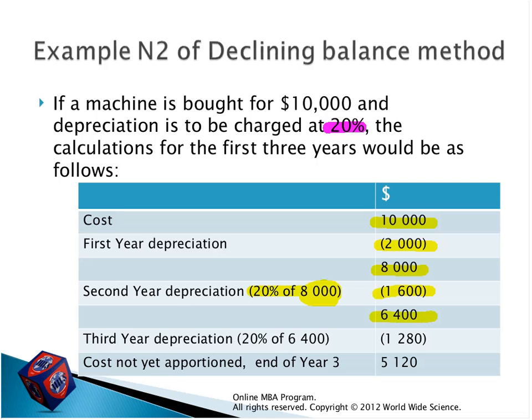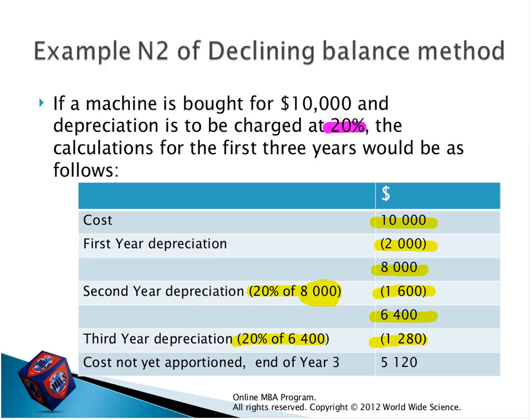And for the third year, we continue with the same formula, taking the book value and multiplying by the 20% depreciation rate, and we get the depreciation cost for the third year, which would be equal to 1,280.